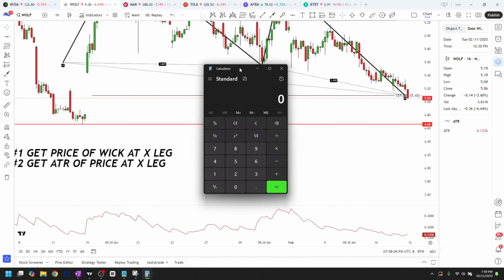Do we want to kind of round that a little bit, make it 470? We'll make it 4.70. And in this case, we're going to subtract again because it's below it. So that minus, what was our number on the ATR? 0.1429. It's going to tell us to put our stop loss at 455.